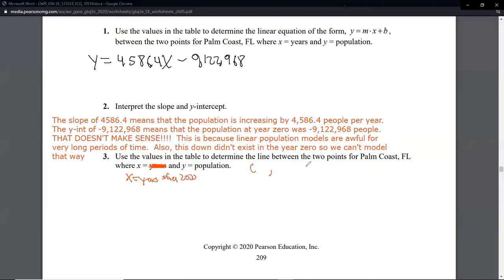So what you're going to notice is that the year 2000, which was originally in that table, is now going to be a 0. The year 2000, when x is the number of years since 2000, is 0. And the population then was 49,832. And then the other point was the year 2010, which would be 10 years since 2000.